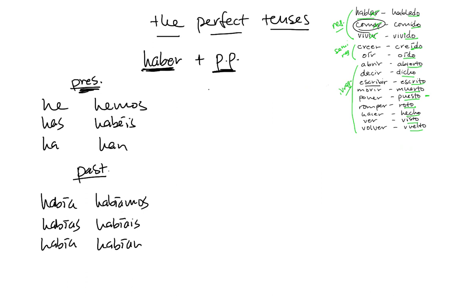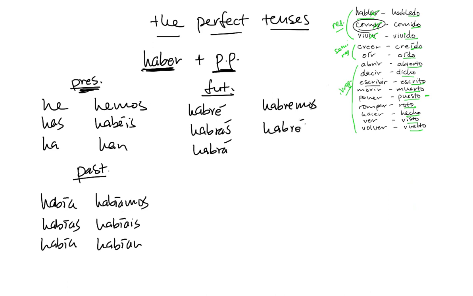Okay, you can guess then. For the future perfect, you take the future tense of haber, which has an irregular root. It becomes habré, habrás, habrá, habremos, habréis, and habrán. The future tense conjugations of haber. Combine that with one of our past participles.